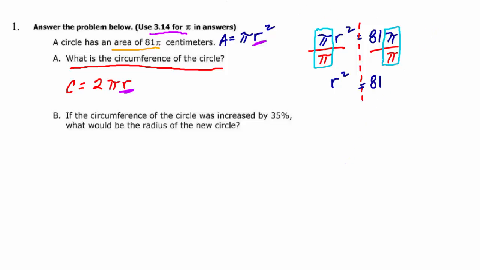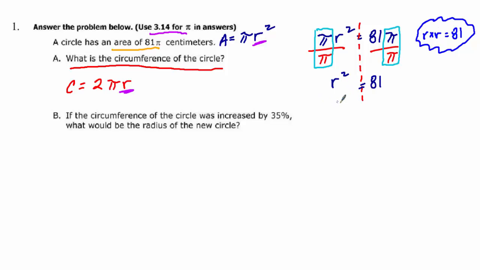Now the question that you're thinking to yourself is, what number times itself equals 81? If you think about it that way, you probably figure out it's 9. 9 times 9 makes 81.